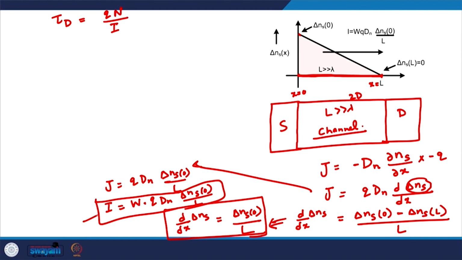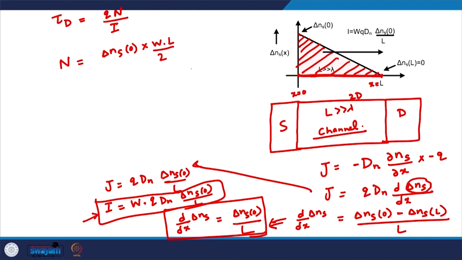Now, the current we have obtained by application of Fick's law. The steady state electron population is essentially the number of electrons in the channel, and the area under this curve will be the number of electrons in the channel in steady state. So this will be essentially delta ns 0 into W into L by 2.